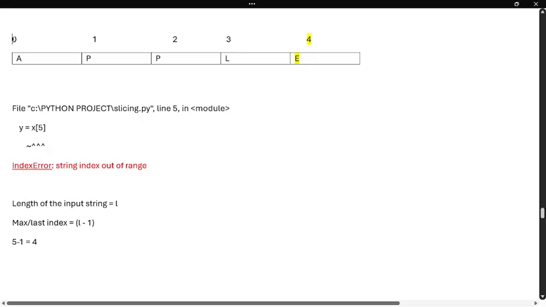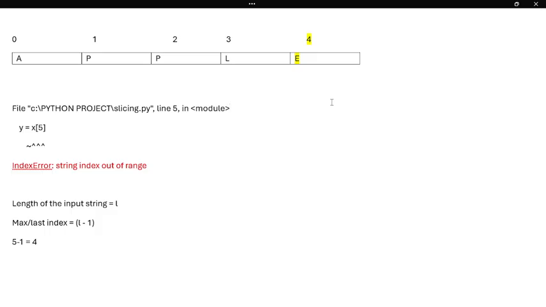Starting from B0, B1, B2, B3, B4. They can go ahead and ask the railway, sir, your total compartments is 5 in number. Then why are we not able to find the fifth compartment?